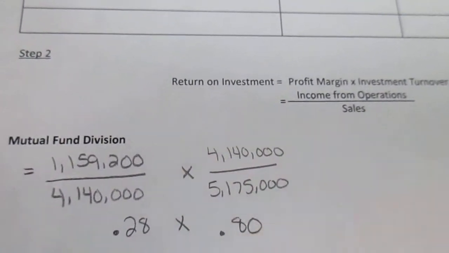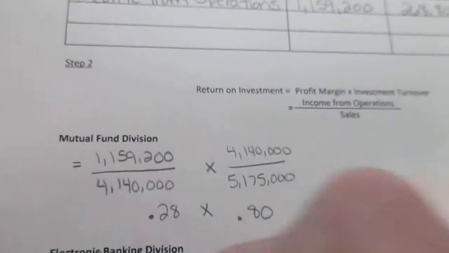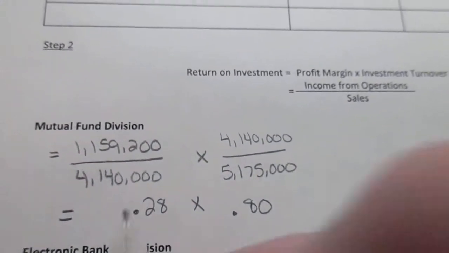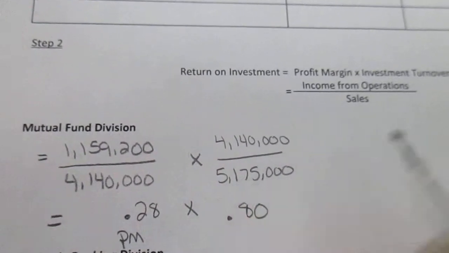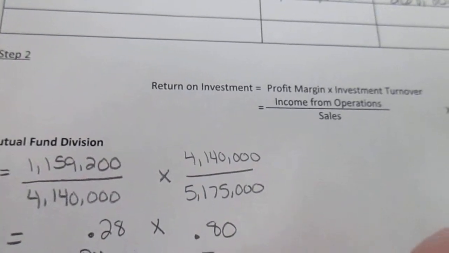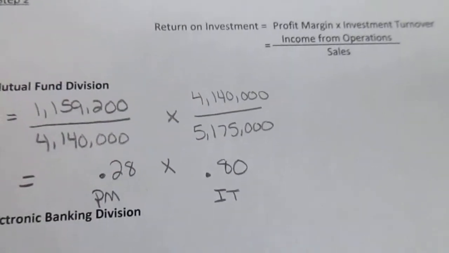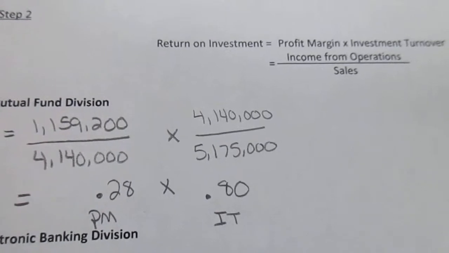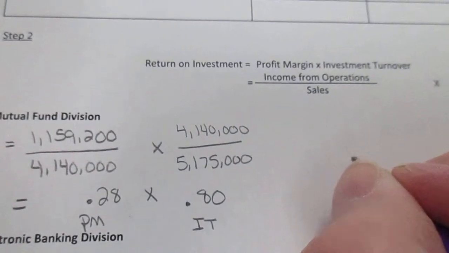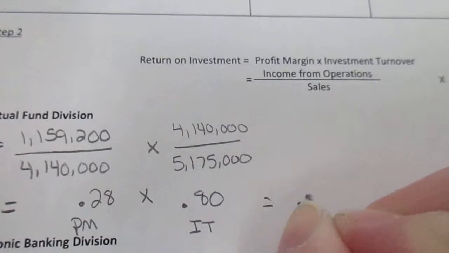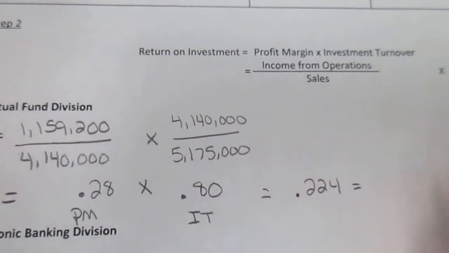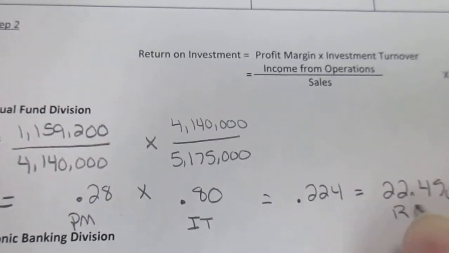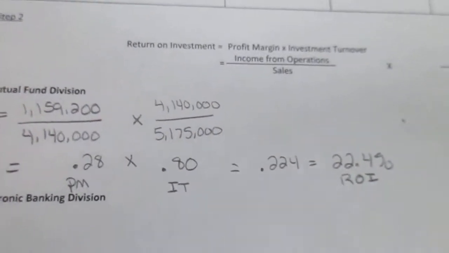Which gives us 0.80. So this is our profit margin, and this one is our investment turnover. If we multiply those numbers together, we get 0.224, which is the same as 22.4%. This is our ROI, our return on investment.